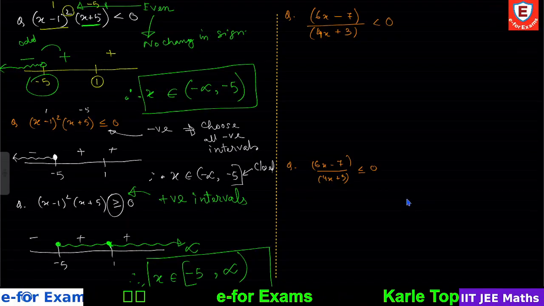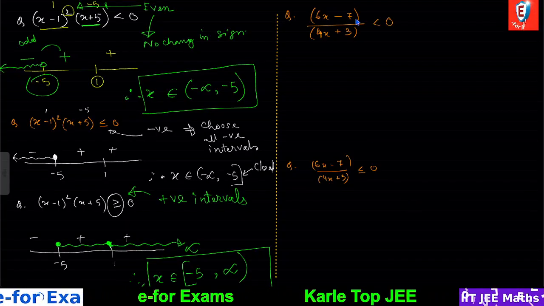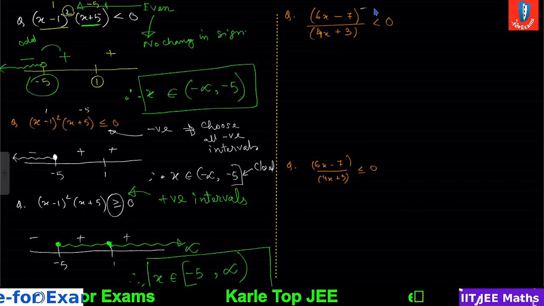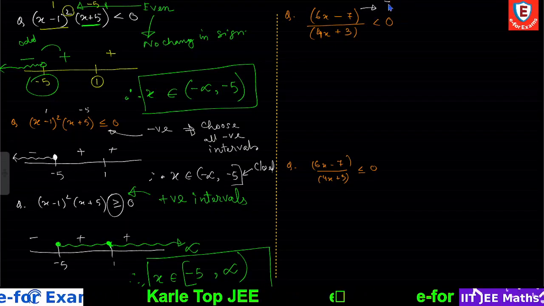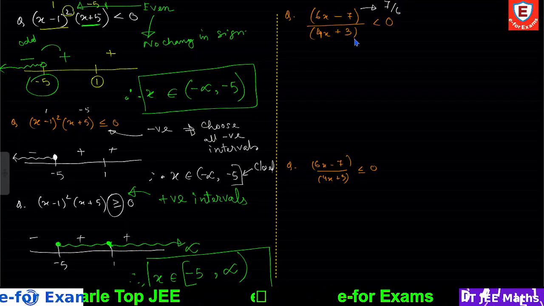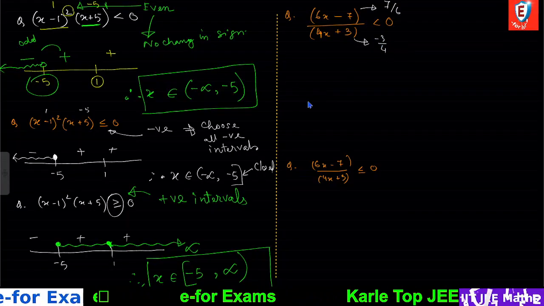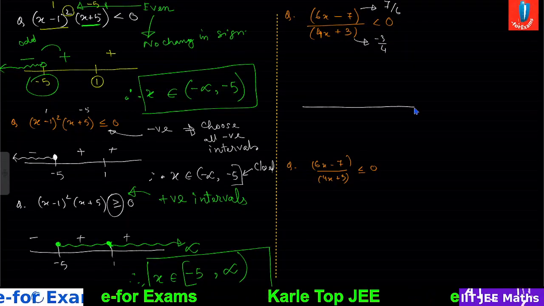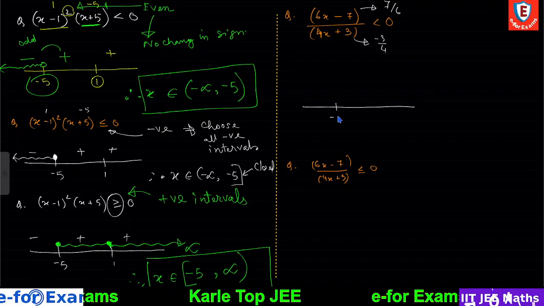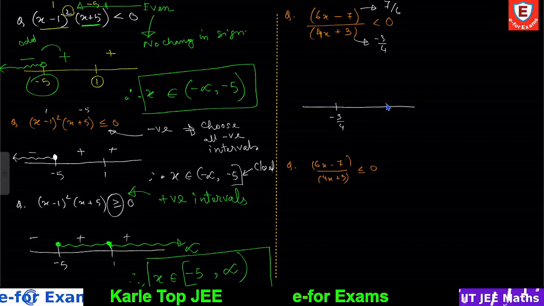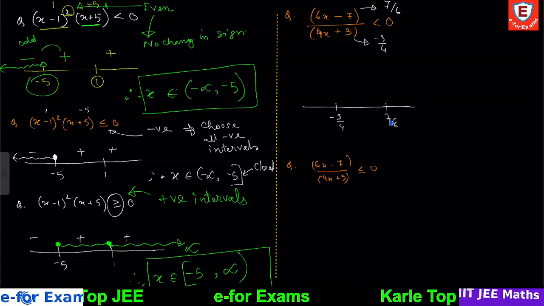Now, next question. 6x minus 7. From this, the solution is 7 by 6. From this, the solution is minus 3 by 4. Now plot. Minus 3 by 4 is to the left and 7 by 6 to the right.